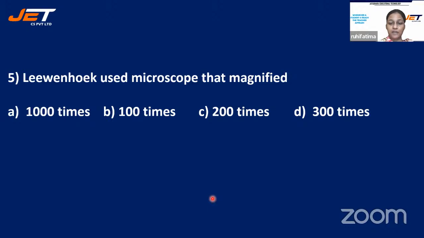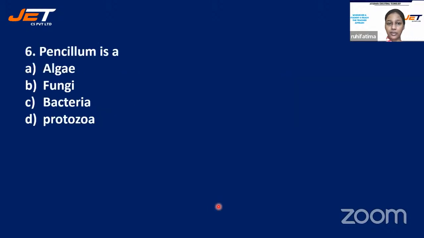Okay, students, time's up. And the correct answer is 300 times. Leeuwenhoek used a microscope that magnified only 300 times. Now we have microscopes available that can magnify up to 10,000 times. But that was the first microscope, so it could magnify only 300 times.